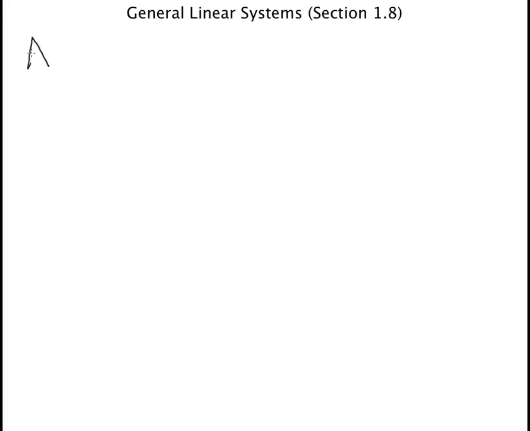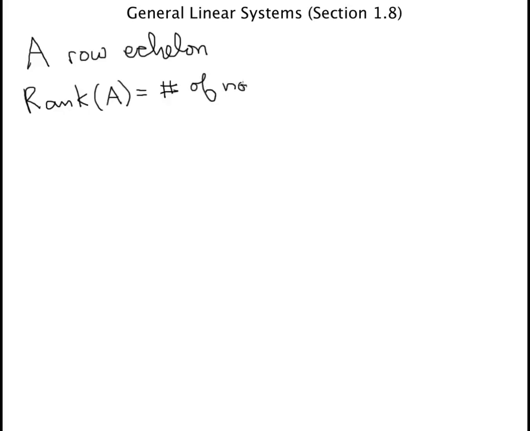So the setting is we have a matrix A in row echelon form. Then the rank of A is the number of non-zero rows, which is just the same thing as the number of pivots.